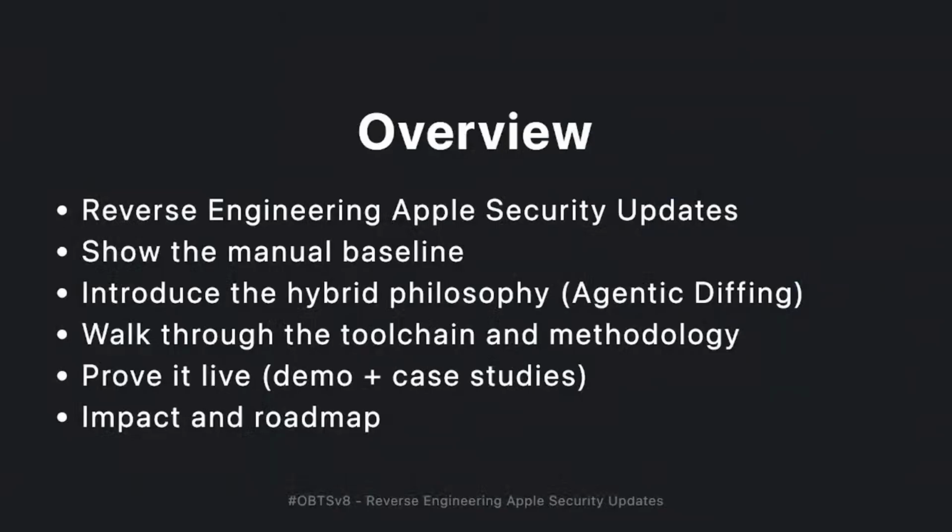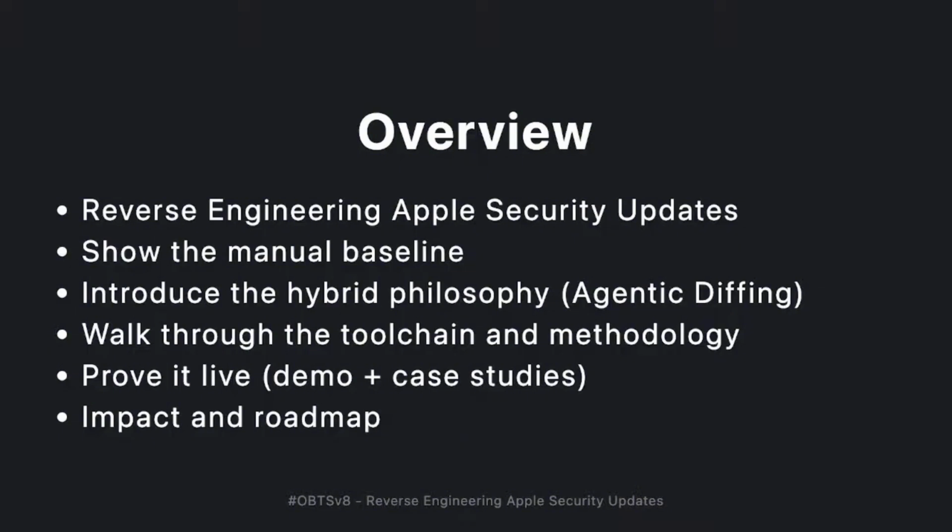So let's do a quick overview about what we'll be talking about today. When I say reverse engineering Apple security updates, I mean how do we understand what actually changed every month, every patch Monday? What happens to all the binaries that have changed? Can we go and see what happened? We'll walk through the issue.